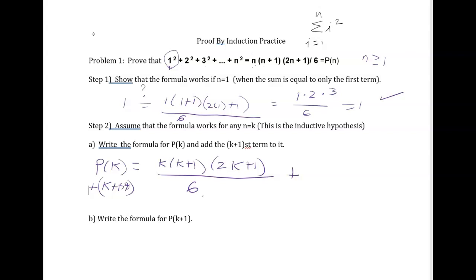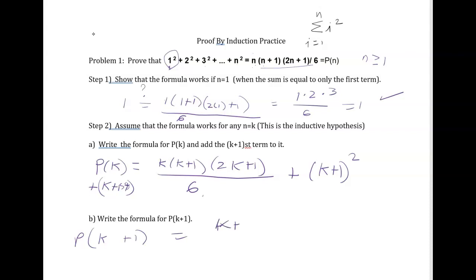Now we have to be careful here because it's not just plus k plus 1, it's plus k plus 1 squared. So this is assuming it works for P of k, this first term here, and then add the next term. And I want to show that that works when I put k plus 1 directly into the formula up here.